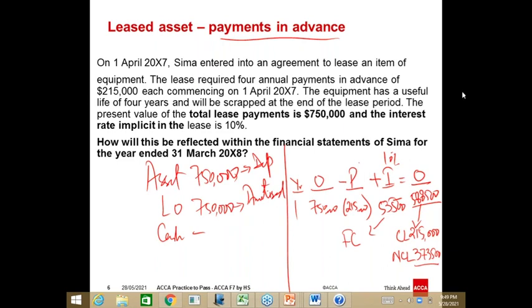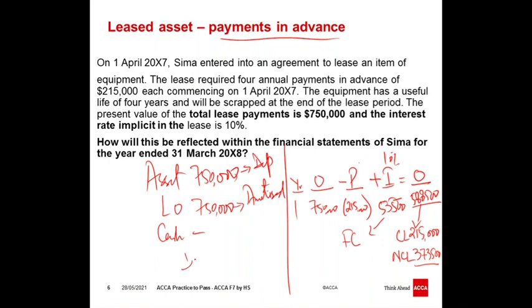Okay, is it clear? Now the second thing is to depreciate this asset. Whenever you are going to depreciate this asset, the formula is the cost of the asset divided by lease period or useful life, whichever is lower. The equipment has a useful life of 4 years and the lease period is also 4 years.